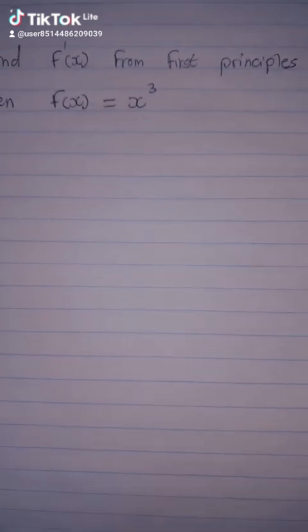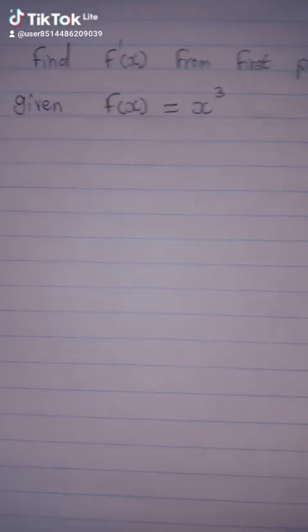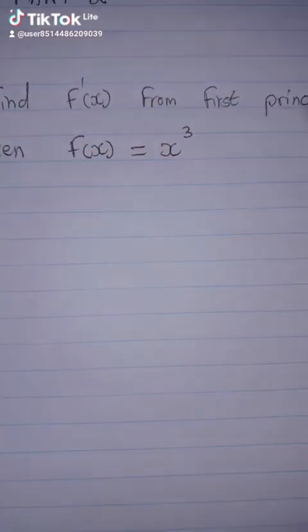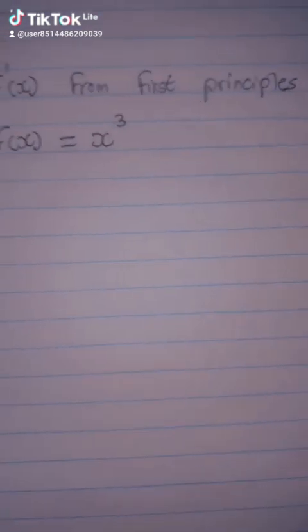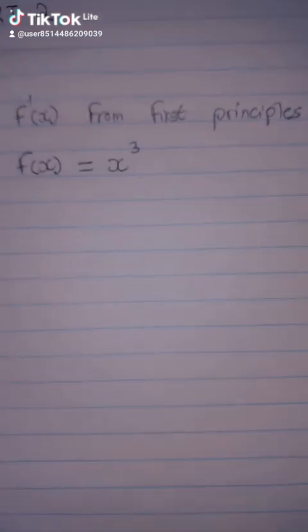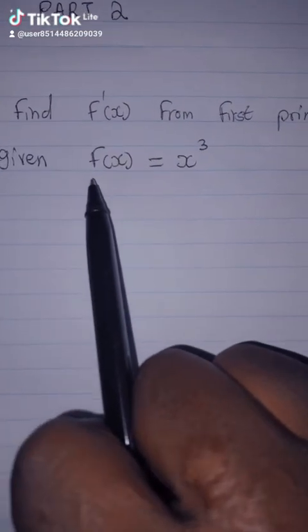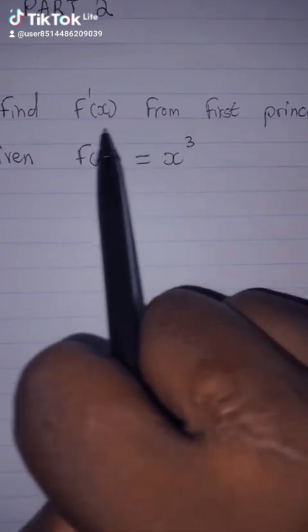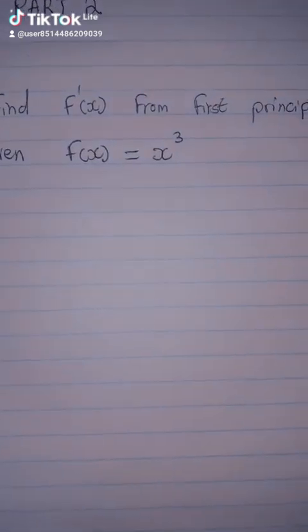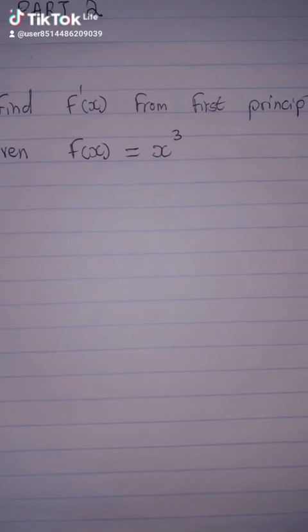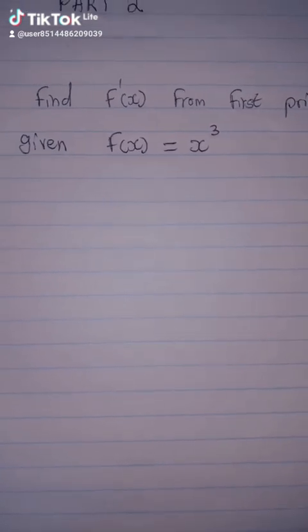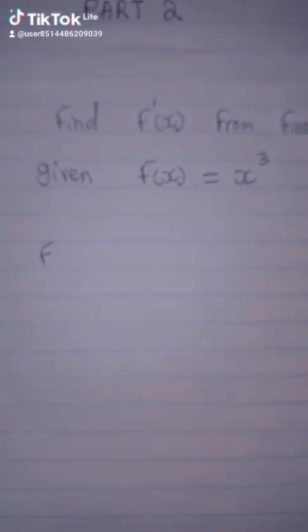Right, without wasting time, let's get to today's video. They said find the derivative of f of x from first principles, given that f of x is equal to x cube. First step is to write the formula, guys.